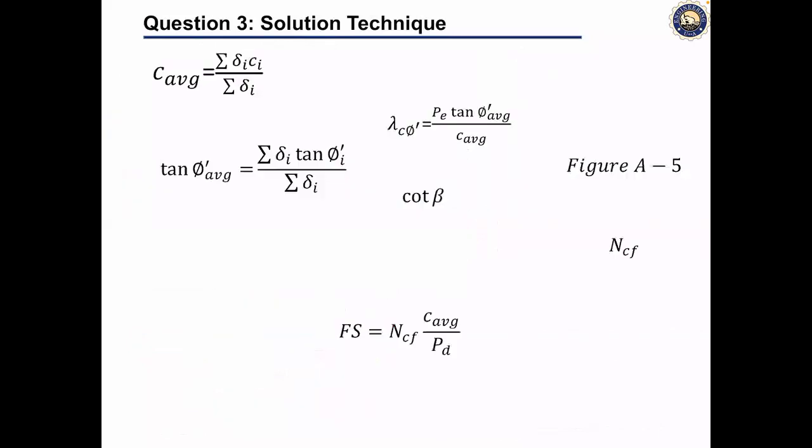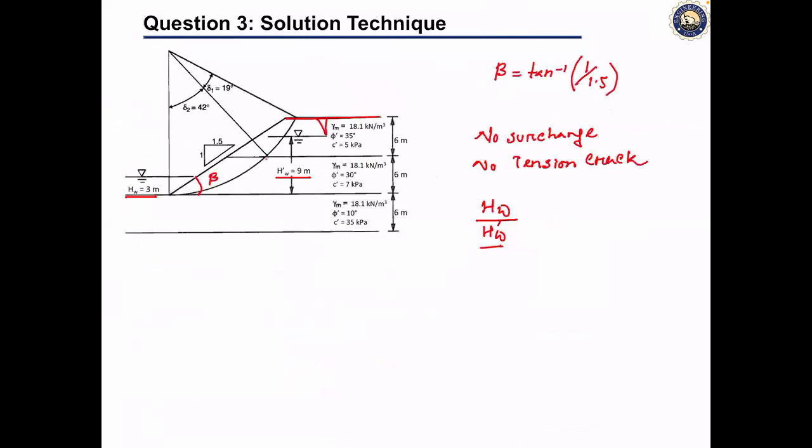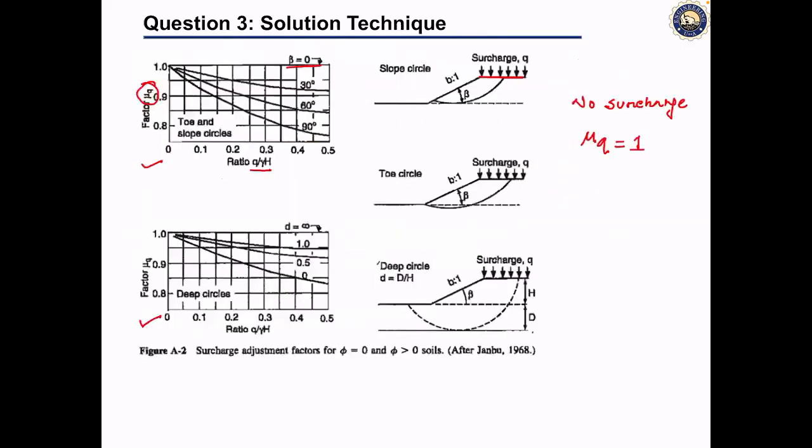So for this, we need to follow the procedure where we find the value of C average, where we know this delta 1, the angle for this particular C1, and delta 2, the angle for this particular C2, over the summation of the angles alpha 1 and alpha 2 for these two slopes. From this, we can find the C average.